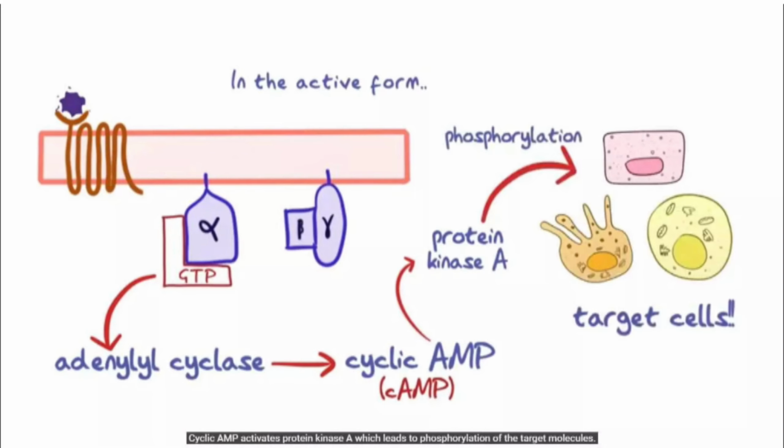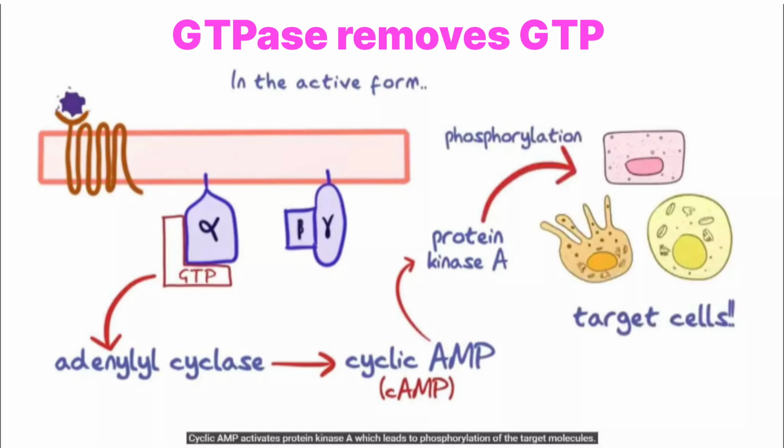Cyclic AMP activates the protein kinase A and phosphorylates the target proteins, altering their activity and ultimately affecting various cellular processes. The process slows down as the GTP gets exhausted and is removed by the GTPase enzyme.